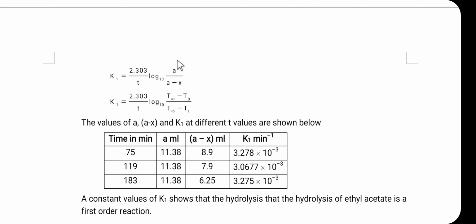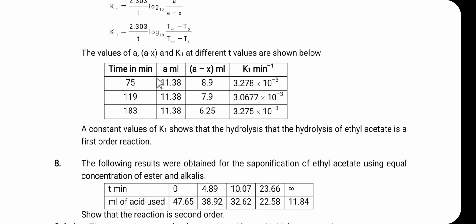These are the values in the table: time in minutes, a, that is the initial concentration, and a minus x, the concentration of the reactant after these various times, that is 8.9 ml, 7.9 ml and 6.25 ml.